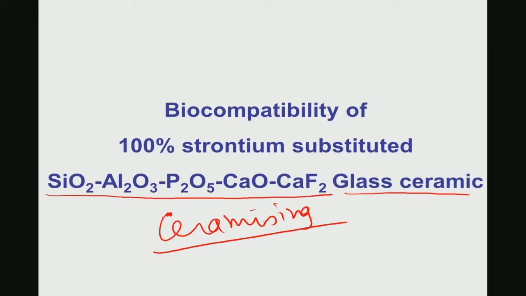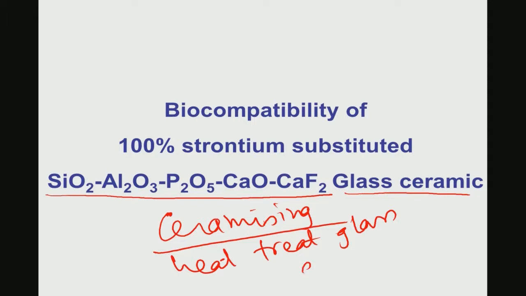Ceramizing treatment essentially means you heat treat the glass at a temperature much lower than Tm, the melting temperature of the glass, and this process involves the nucleation and growth of crystalline phases within the glass matrix itself.